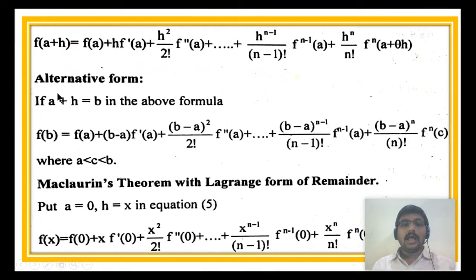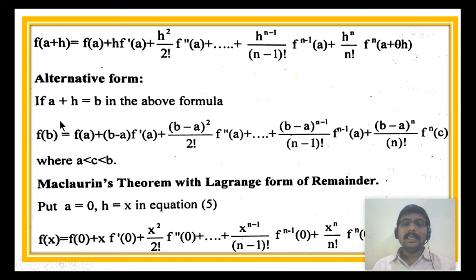Now, in the alternative form, a plus h is replaced with b, and the above formula becomes f of b equal to f of a plus (b minus a) by 1 factorial into f dash of a, plus (b minus a) whole square by 2 factorial f double dash of a, and so on, plus (b minus a) whole power n by n factorial f nth derivative at the point c, where c lies between a and b.